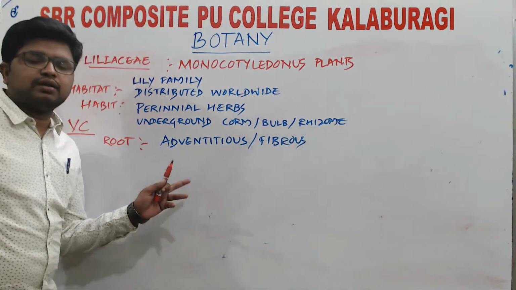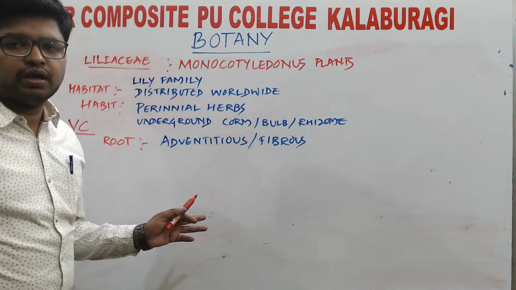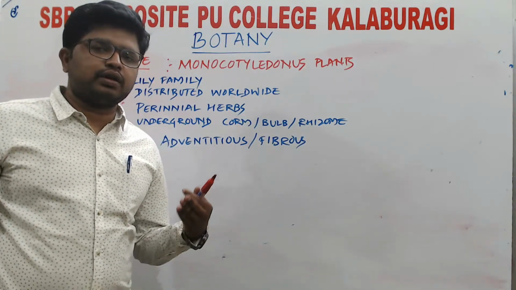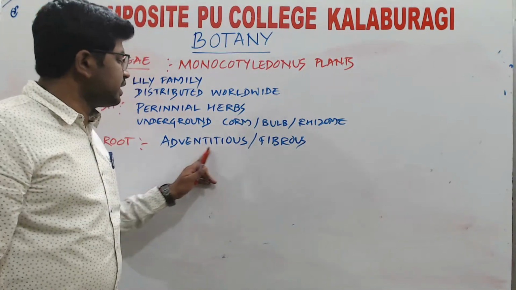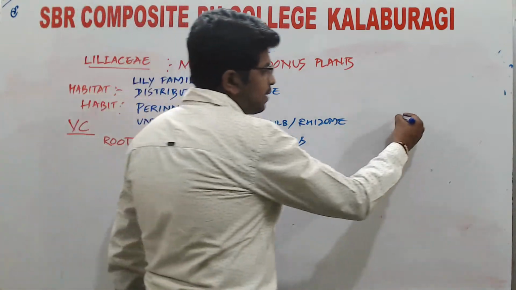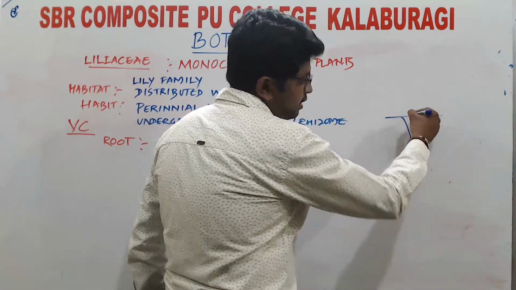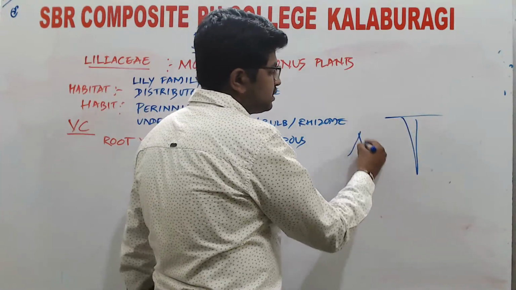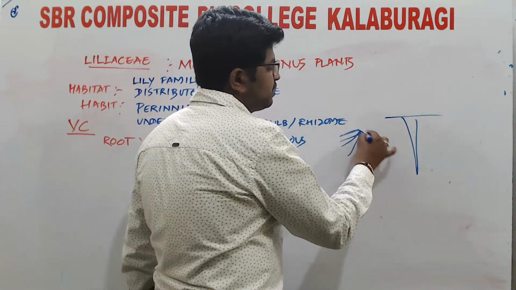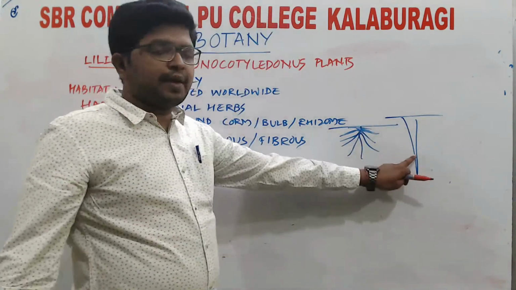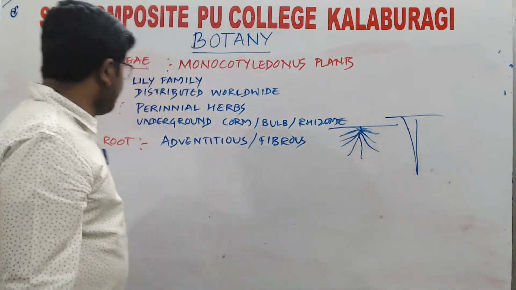The roots that do not arise from the radicle, whatever roots are there apart from the radicle, we call adventitious. Okay, and they are fibrous. Fibrous meaning taproot is this single root which goes deep down the earth, whereas fibrous is this. Now you will see many fibers, thread-like structures arising from the plant. So this is taproot, this is fibrous.